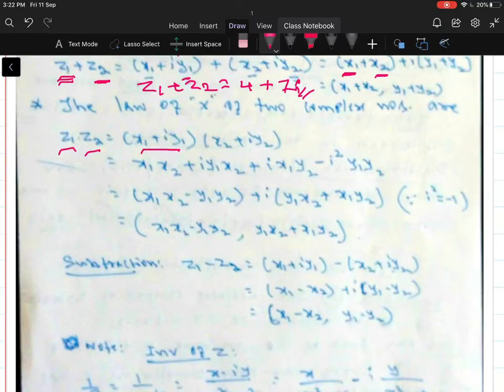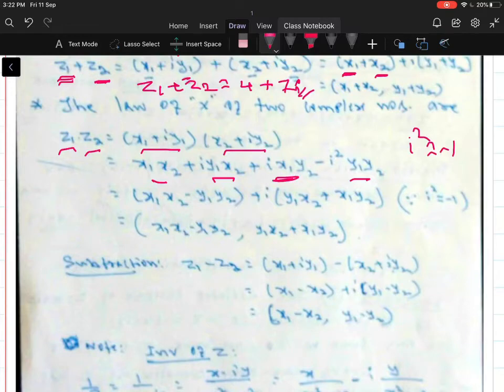Now let us move to the multiplication of two complex numbers z1 and z2. z1 can be written as x1 + iy1 and z2 can be written as x2 + iy2. Multiplying each term of the brackets: x1 into x2, plus i into y1 into x2, then x1 into iy2, then iy1 into iy2. Here i into i, i square, is equal to minus 1, so that term is minus y1 into y2.